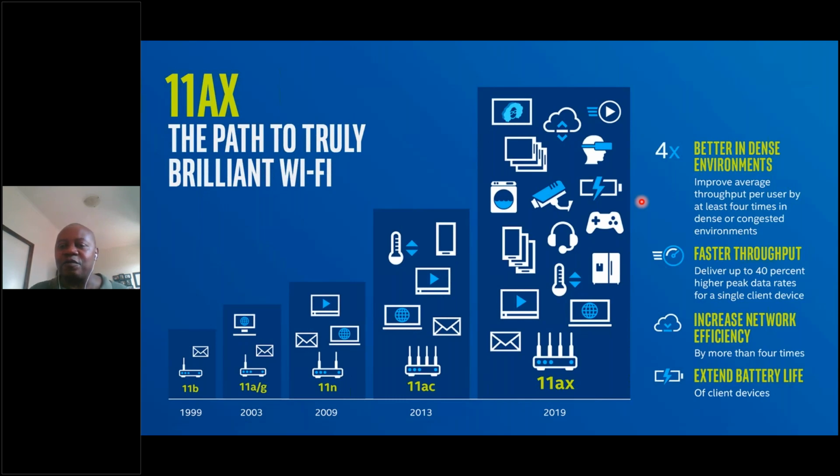First of all, you've got faster throughput, better network efficiency, but also it supports better battery life. And in dense environments, which is what we're seeing now, remember a lot of data connections are indoor, especially as a result of the pandemic: work from home, school from home, shop from home.